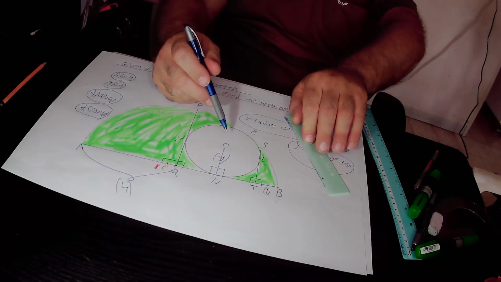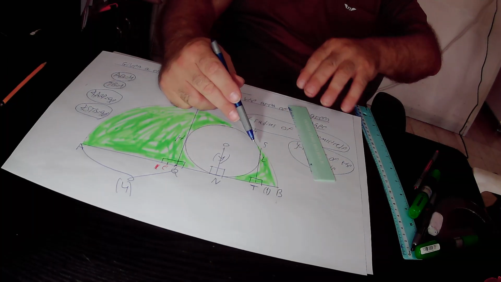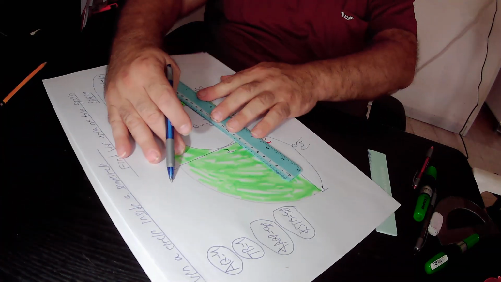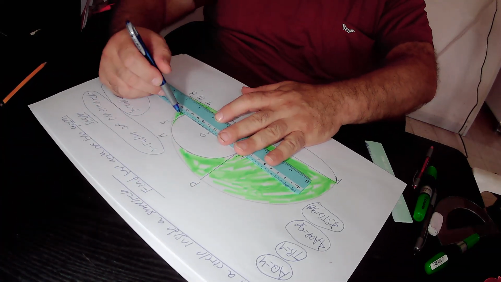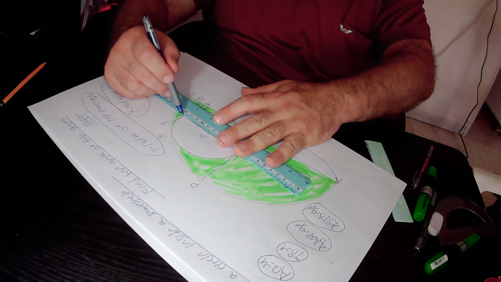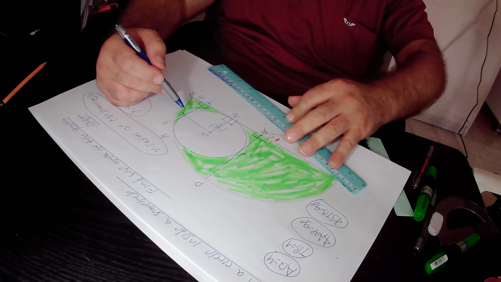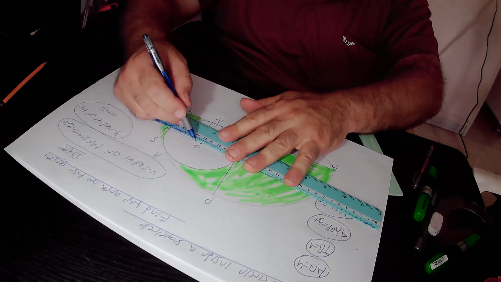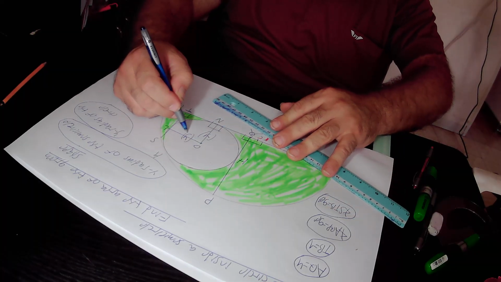In the next step, we join points O and L together by a straight line. OL is of course the radius of this small circle that is equal to y.